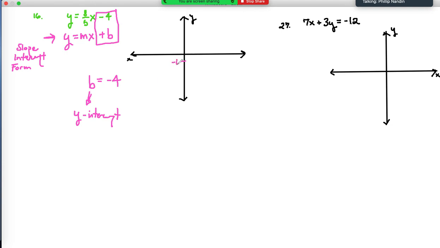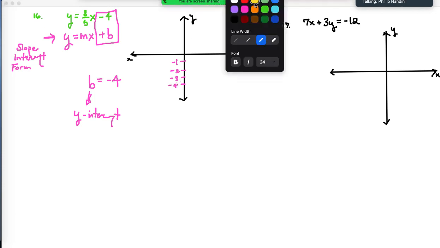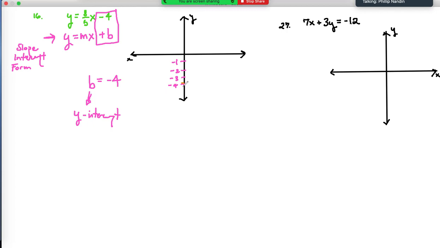So -1, -2, -3, -4. That means that I know for sure that this is a point on my line, and that is my starting point. Now, I use the next piece of information, my slope, to get another point.